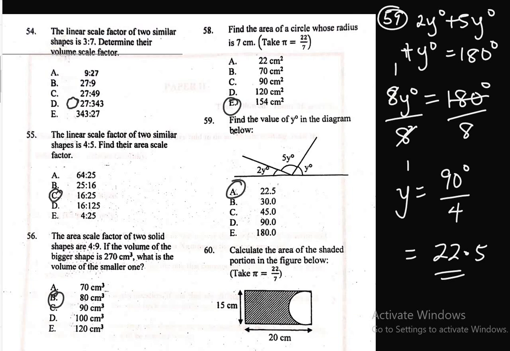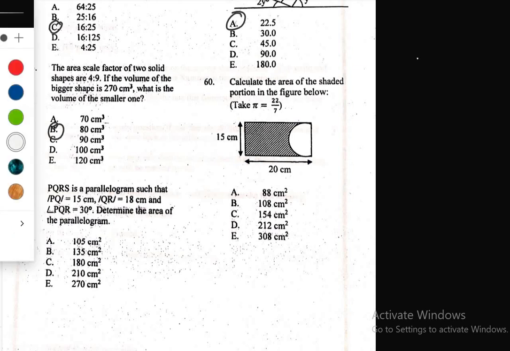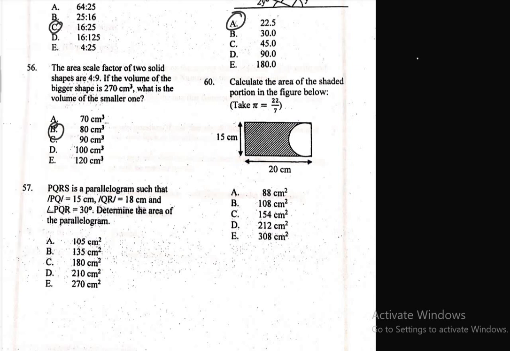And now we've gotten to the last question, which is question 60. All right, question number 60. Calculate the area of the shaded portion in the figure below. Now, the whole shape is a rectangle. So we'll start by looking for the area of the whole.